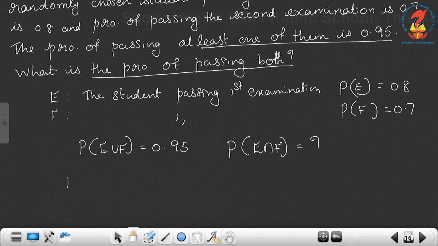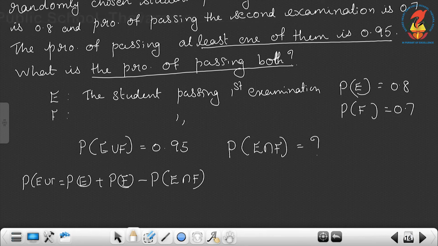P of E union F is P of E plus P of F minus P of E intersection F. So, what is P of E intersection F?